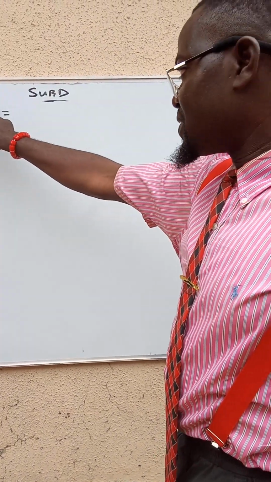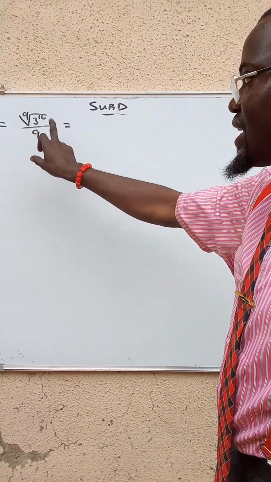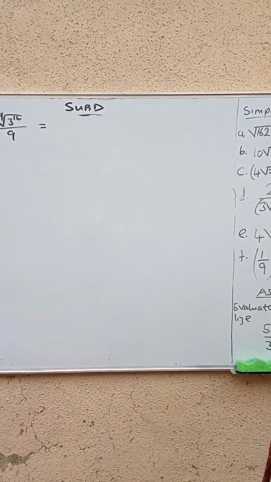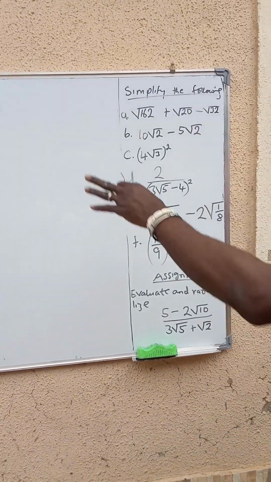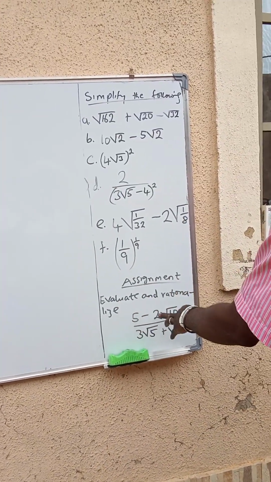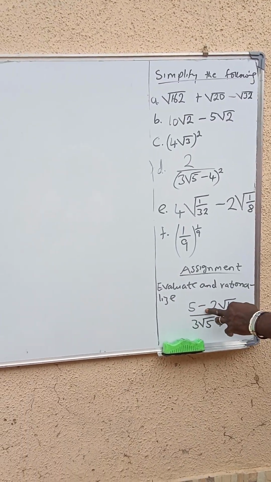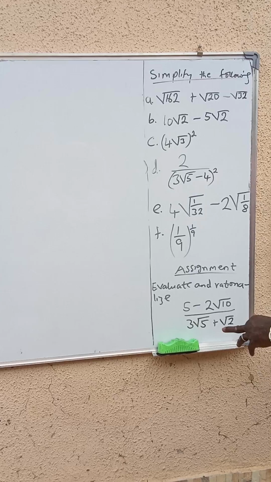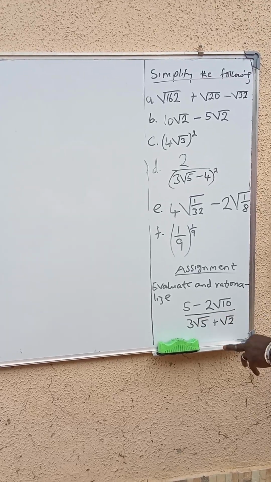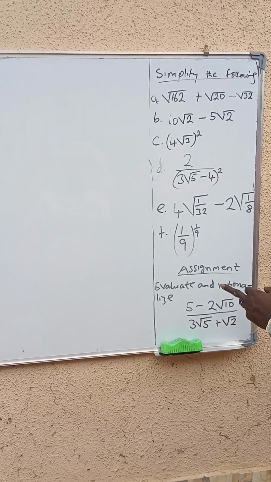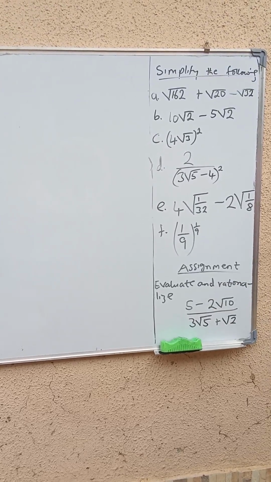I want you to think what you do here. So what I want you to do for me, apart from this, is to do this. Evaluate and rationalize: 5 minus 2 root 10 minus 2 times root 10 over 3 times root 5 plus root 2. Do justice to it and I'll be very glad.